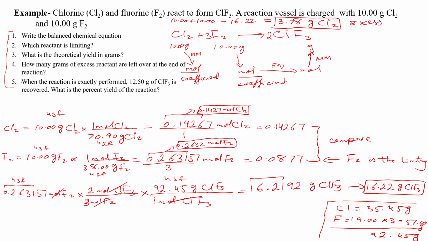And the last step is when the reaction is exactly performed, 12.5 grams of ClF3 is recovered. What is the percent yield of the reaction? This one is actually the actual yield of the reaction. And if you remember the formula, it is actual yield divided by theoretical yield, which we have 16.22 grams, multiplied by 100%.